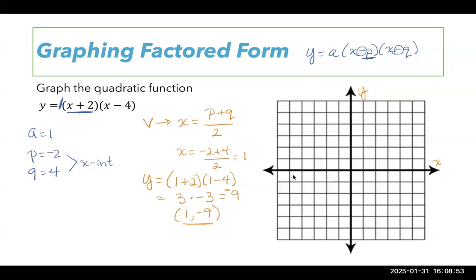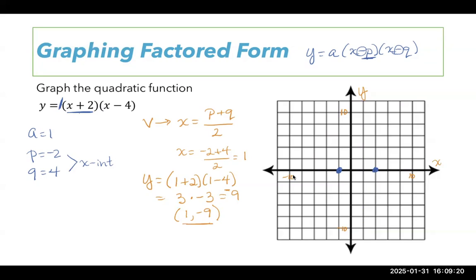So this time I'm just going to label the 10 and the 10 here, negative 10 and negative 10 here, just to indicate that I've changed the scale. I'll go back and I will plot my negative 2, which is now here at this point, and positive 4, which is going to be here for my x-intercepts.